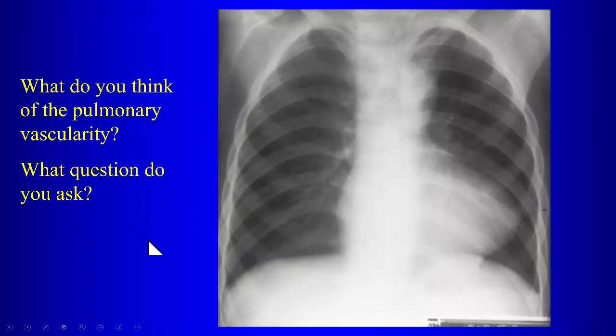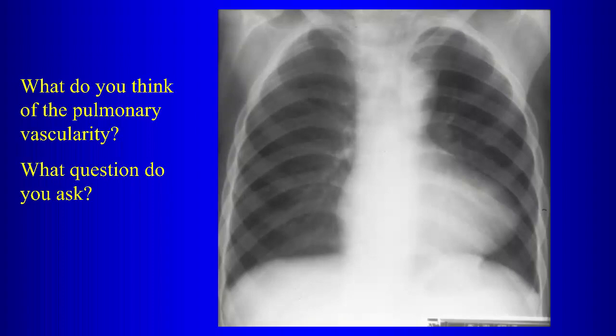All right. So here, what do you think of the pulmonary vascularity? Decreased. What question do you ask? Do you have to ask that question? No, why not? All patients with decreased pulmonary vascularity will be cyanotic. Right? So if there's decreased vascularity, they're going to be cyanotic patients.